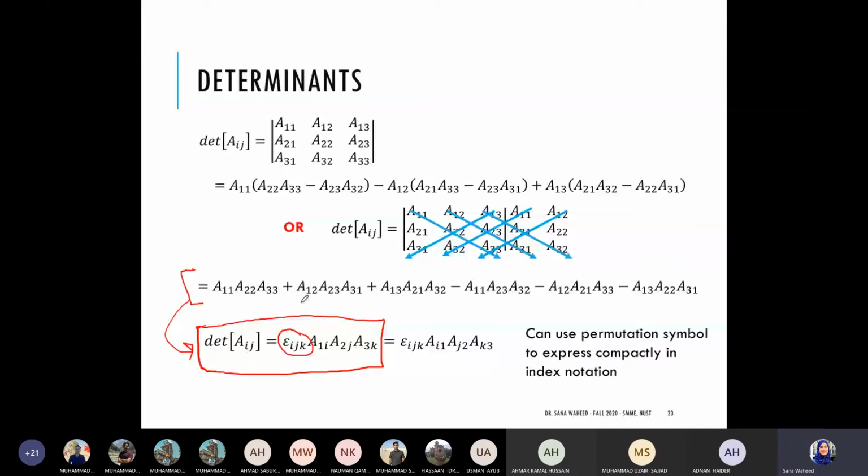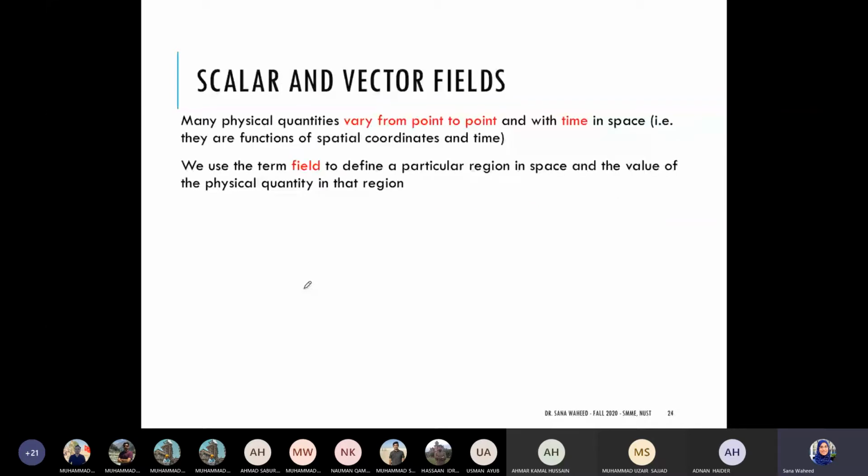Okay, so moving on from that, until now we've been talking about just single tensors, but I think you all are aware that often we have those physical properties being represented at different points in space and also at different times, right?